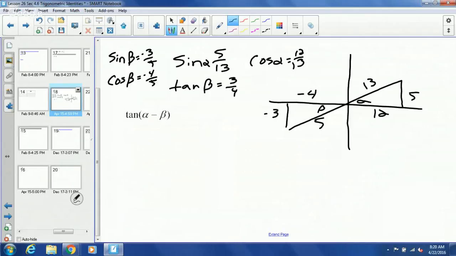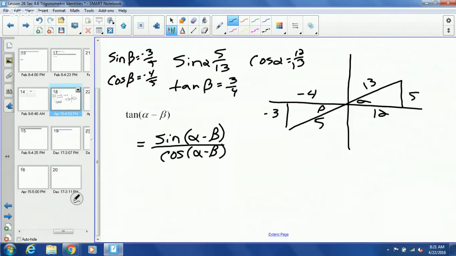So if I came back and did this, does everybody agree that this is equal to sine of this over cosine of this? Everybody with me? You agree that's an equivalent statement, correct?